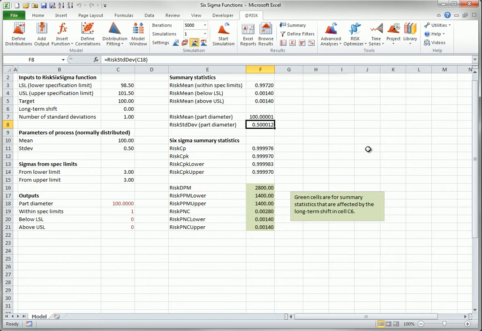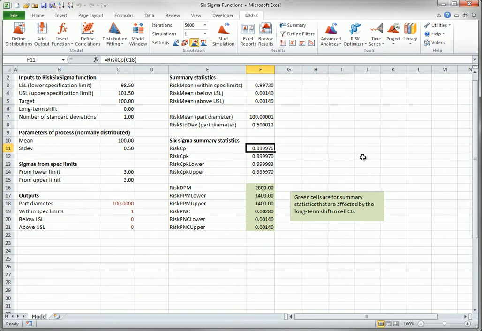It enables you to use the Six Sigma functions. Their names are spelled out in column E. Each takes an argument, which is the part diameter cell. There are other Six Sigma functions besides these, but the ones shown here are the most common.